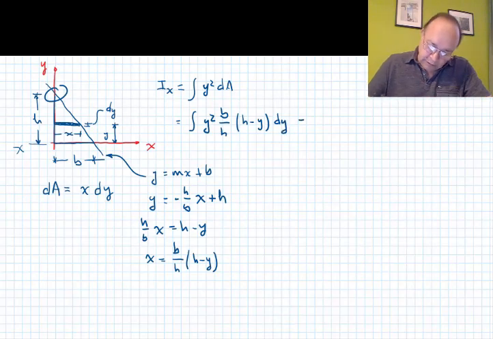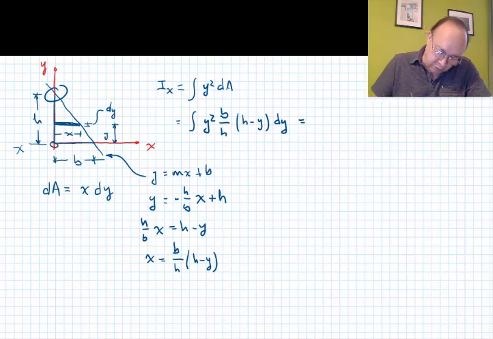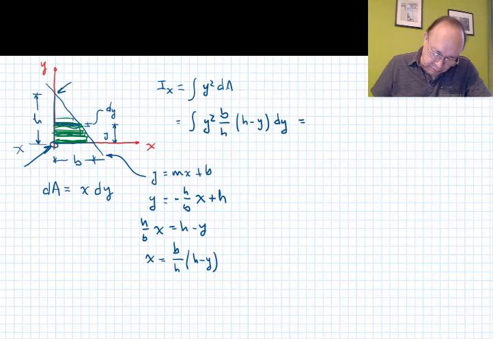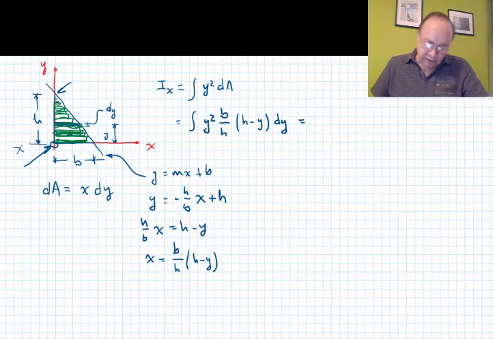And then we have to do this integral for y going from 0 to h, from here to here. In that way, we sweep all the elements dA that go from the base to the total height h. That way we will get the moment of inertia of the whole area of the triangle.